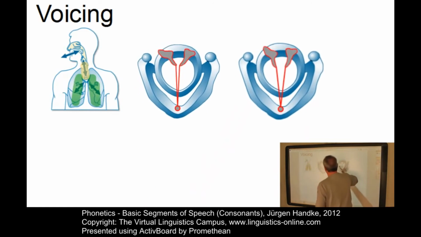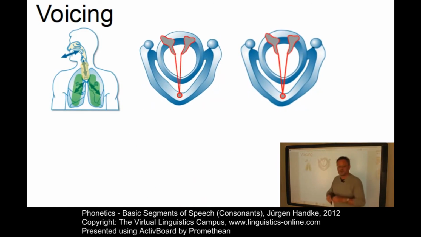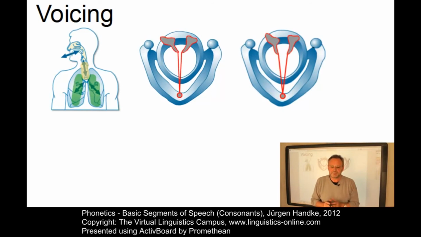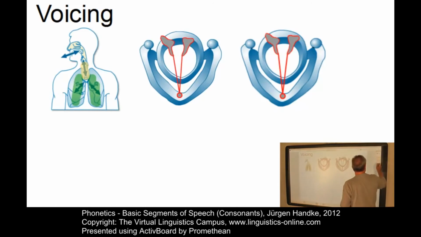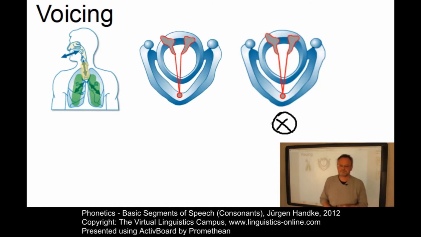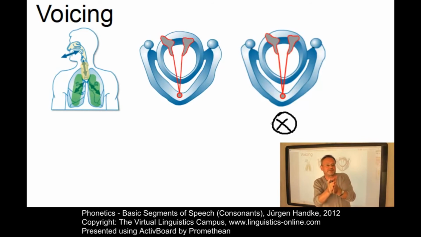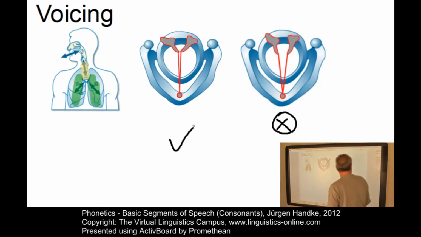Now here are the vocal cords seen from top. If the vocal cords are apart, the airstream will have a relatively free passage like this one here, into the pharynx and into the mouth. If the vocal cords, however, are adjusted so that there is only a narrow passage between them, and if they're at the same time sufficiently relaxed, the pressure of the airstream will cause them to vibrate, as we see over here.